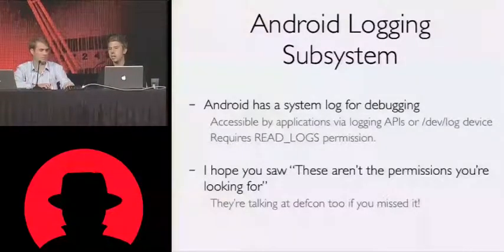It's accessible via logging APIs or via device, and it requires permissions by an application to access it. Most applications use it as a typical debugging system, but there are vulnerabilities that can happen when applications put sensitive information into the logging subsystem and other things can pull it out.